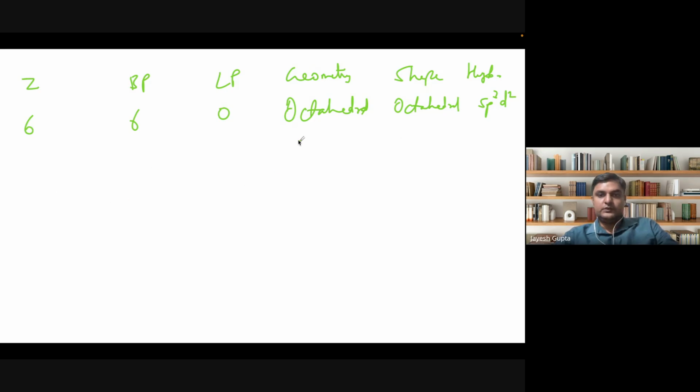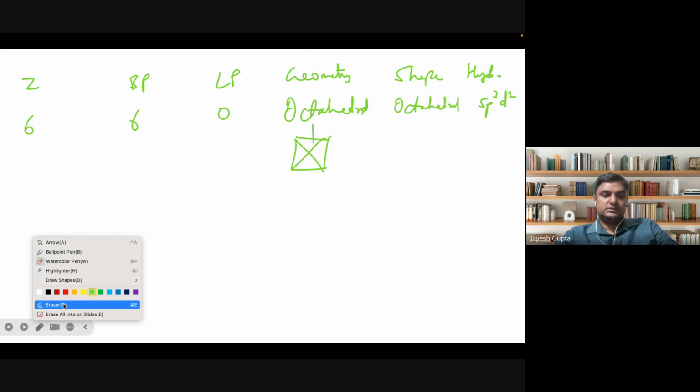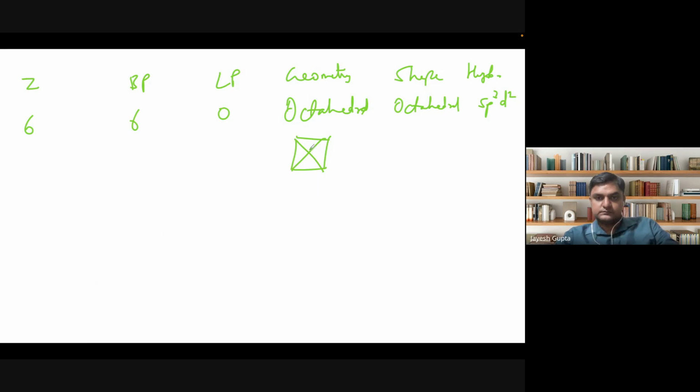Okay. So octahedral looks like this: 4 valencies like this at 90 degrees each, and two valencies are up and down. Now if I increase the lone pair by 1, bond pair will be 5, Z is 6. So geometry here will also be octahedral, no issue.